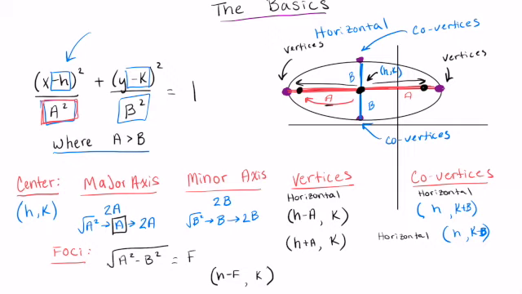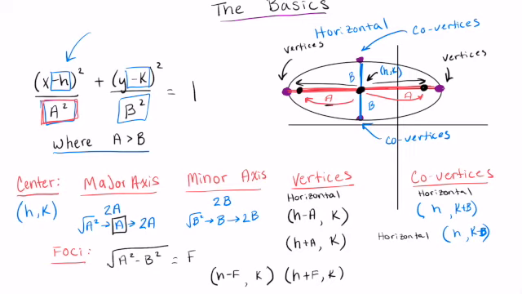Then we have H plus F, comma K, which gives me the distance from here to here. So those are my very generic formulas of how to find each component when I'm looking at a horizontal ellipse.